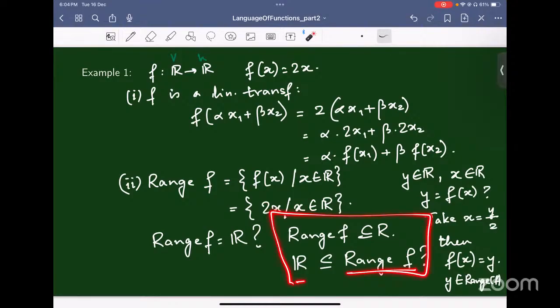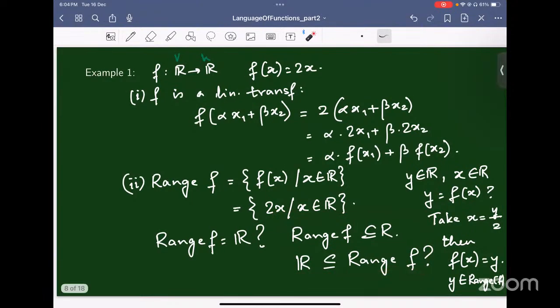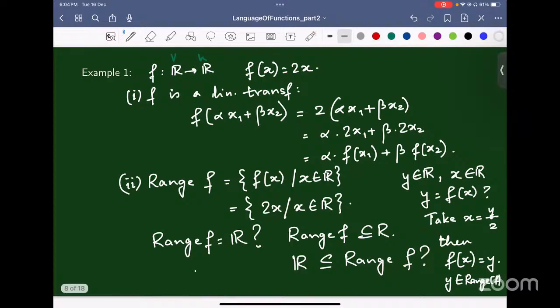These two together show me that R is indeed equal to the range of f. So f is a surjective function. We checked this now using the properties of a linear transformation. But if you remember, we had checked it from basic principles earlier also.